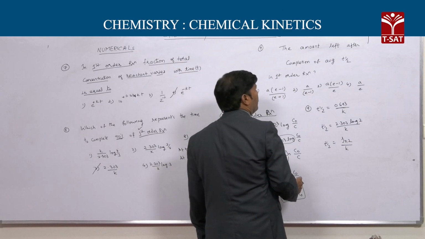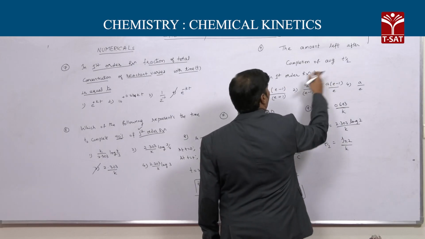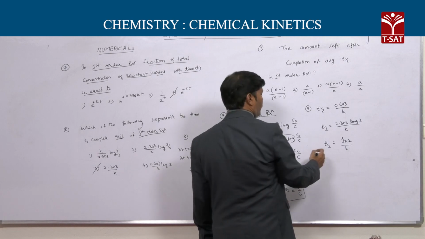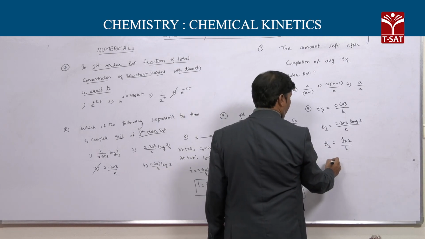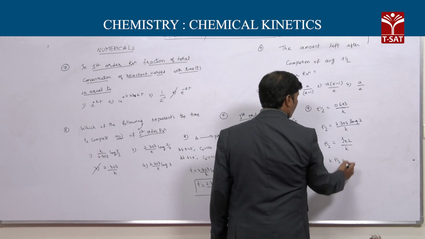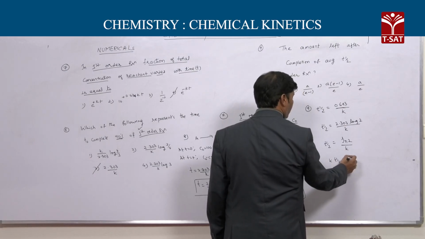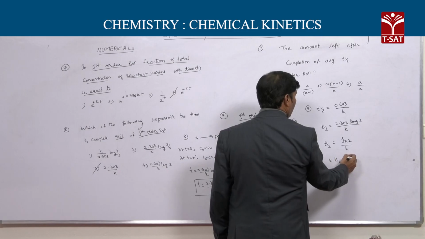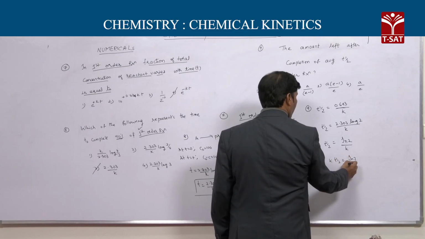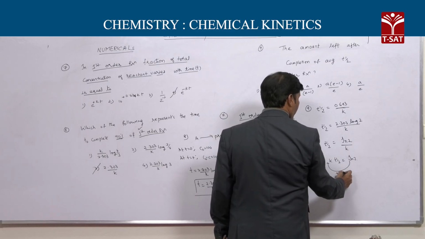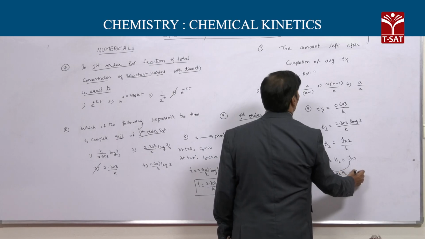Now if I bring the ln to the LHS, I can take K into T half is equal to ln of 2, and from this if you solve, you are going to get the exponential form of K into T half is equal to 2.